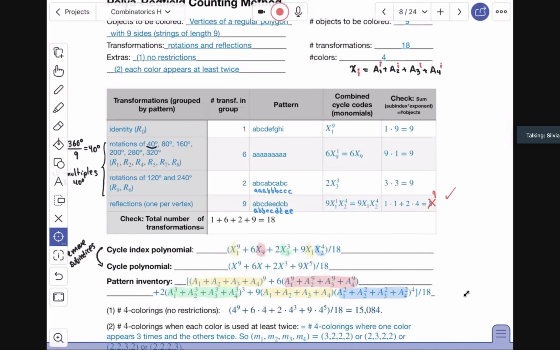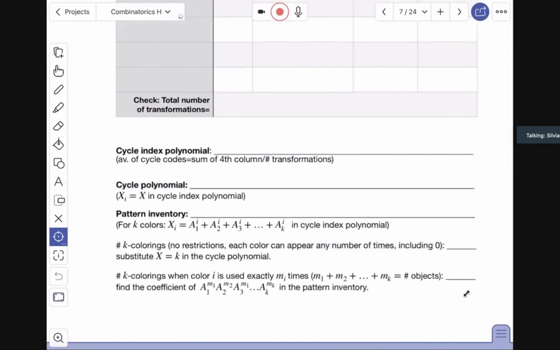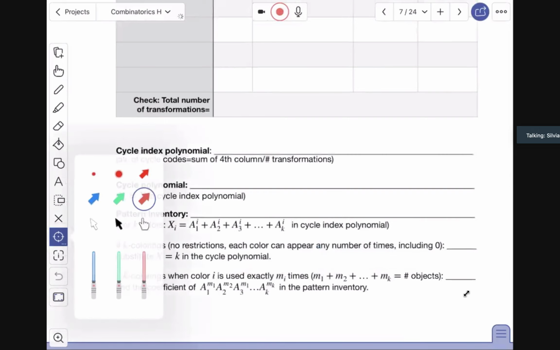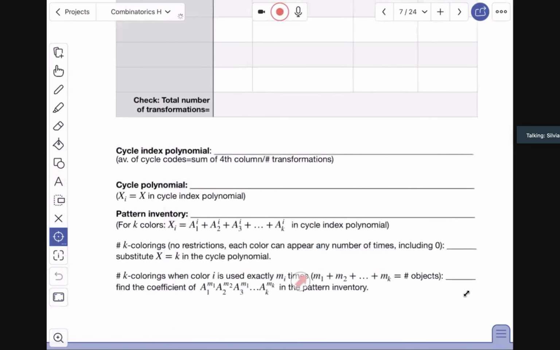So let me go back to my board here. This is how you use the pattern inventory. If you know exactly how many times each color is used, A1, A2, A3, A4 represent the first color, second color, third color, fourth color. One per color. That's why we have four.